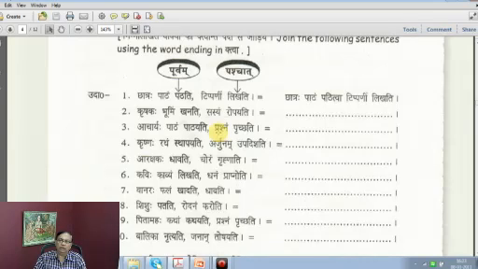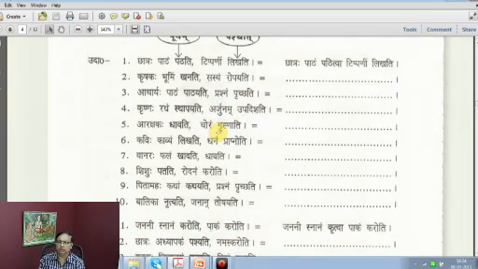Dhavati becomes Dhavitva. After running, a cop catches hold of a thief. Choram Gruhnati. So, this is a simple sentence. Arakshaka Dhavitva Choram Gruhnati. A cop after running after the thief catches him.